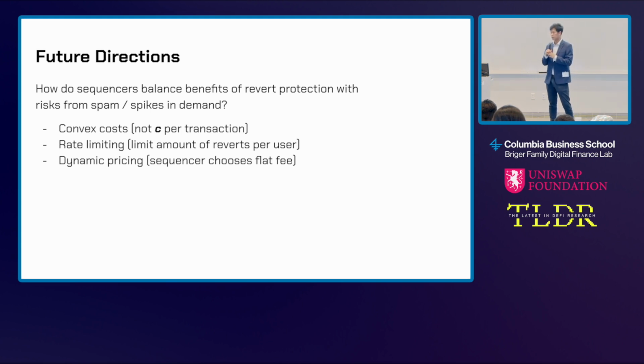Then rate limiting, which limits the number of reverts per user, and dynamic pricing for the flat fee. So if you're given a fixed cost C, as we do in the model, the sequencer can instead choose another flat fee, like C1 or C2, to charge to the users.